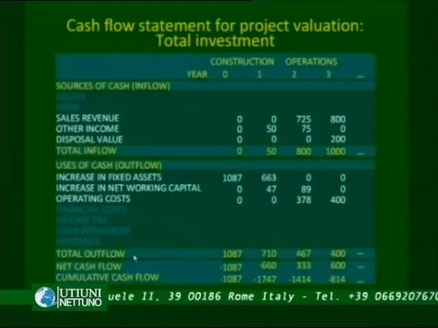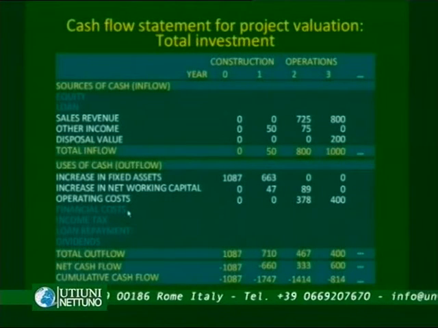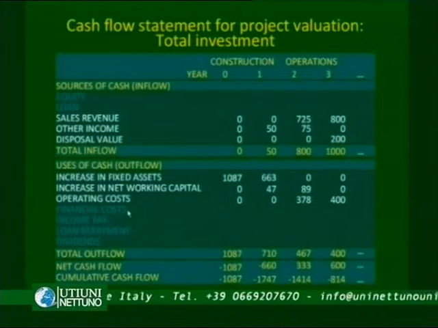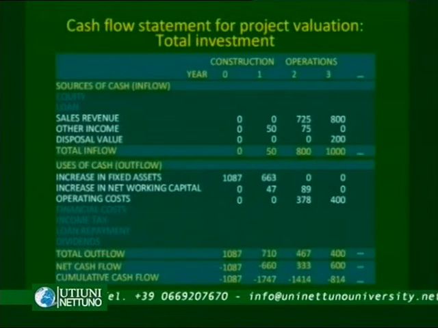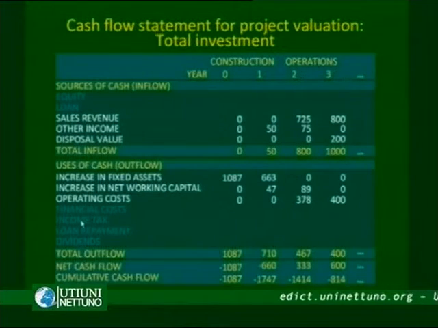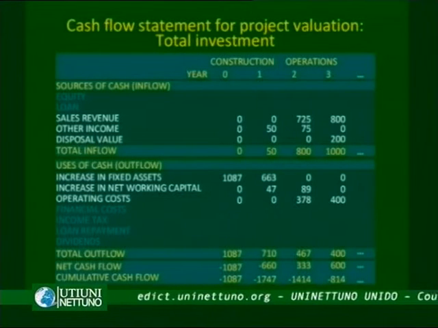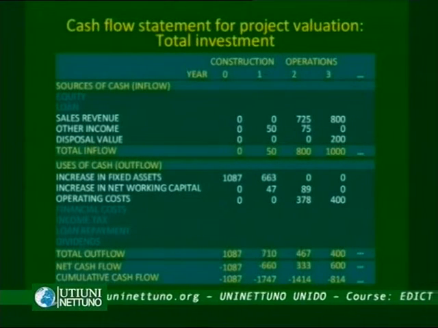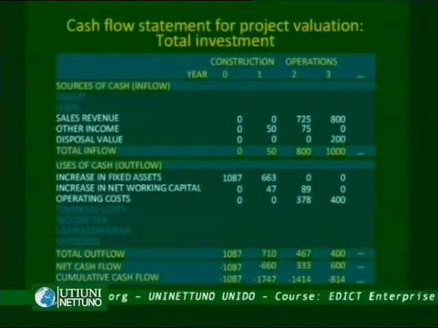And then we are excluding all the components of outflow that refer to financial costs, loan repayment, and dividends that reflect the use of the cash generated by operations, but that are referred to items that are not strictly related to the operations themselves. Here we are excluding also income taxes. They could be included depending on the different interpretation we can give of this cash flow statement, but for the moment this does not matter.